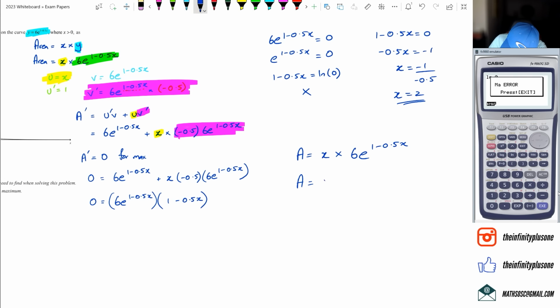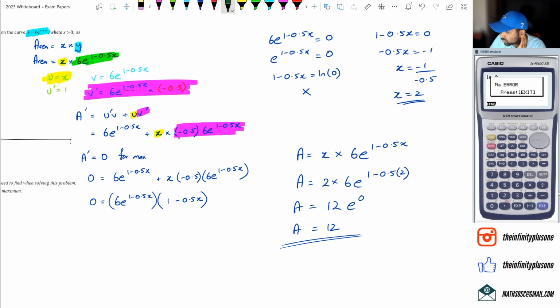So area is equal to 2 times 6e^(1 - 0.5 times 2). So we get area is equal to 12 times e to the power of 1 minus 1, which is 0, and e to the power of 0 is equal to 1. So our maximum area is equal to 12.